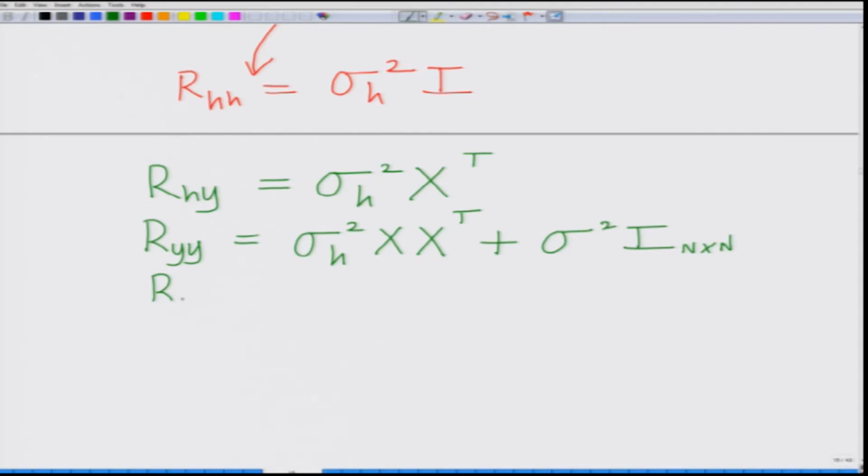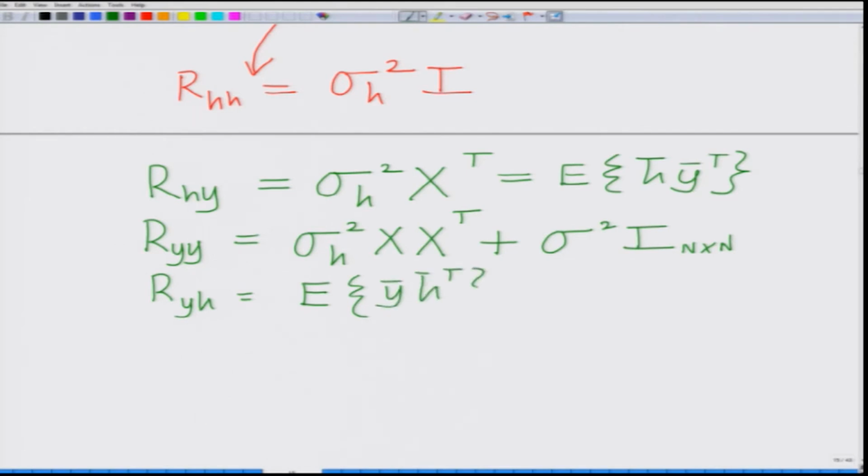We have to look now at RYH. Remember RHY is the expected value of h bar into y bar transpose. RYH is different; it is the expected value of y bar h bar transpose, which is basically the transpose of RHY.